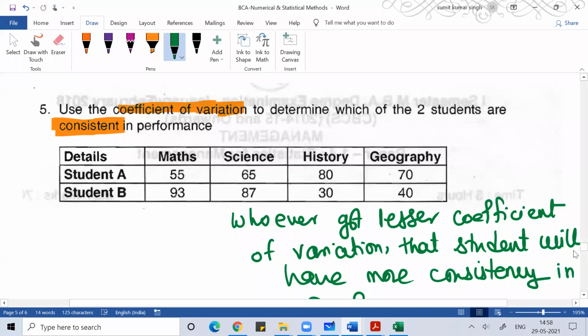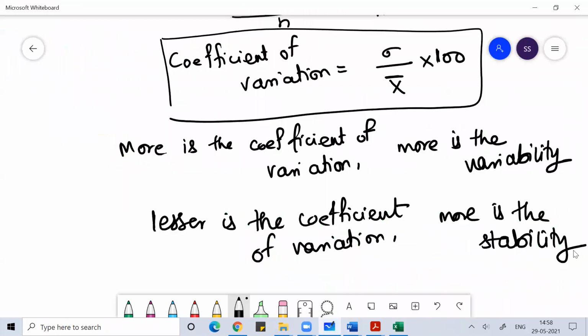Now this is the question. Student A and student B, that is the data you have.